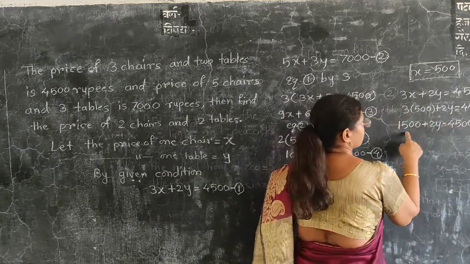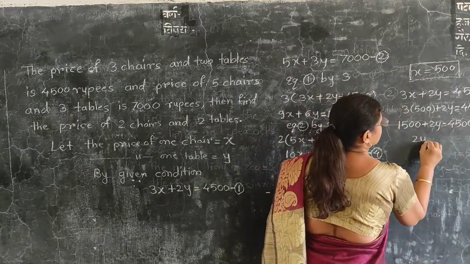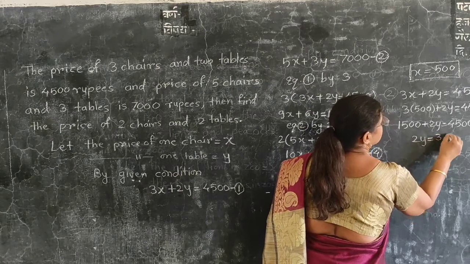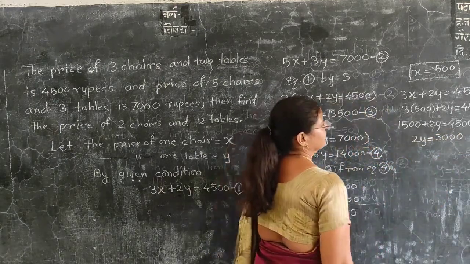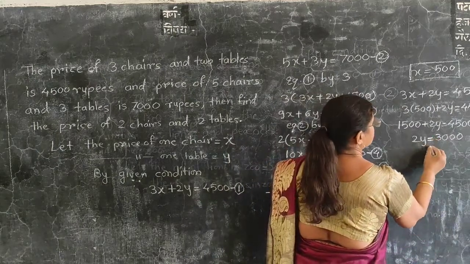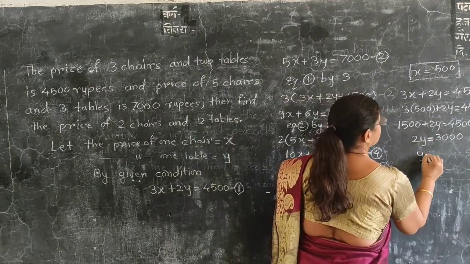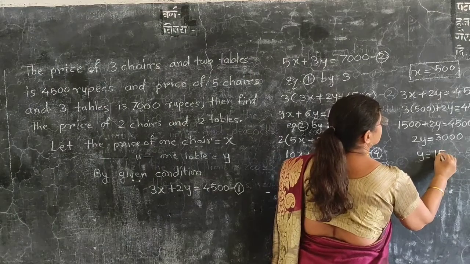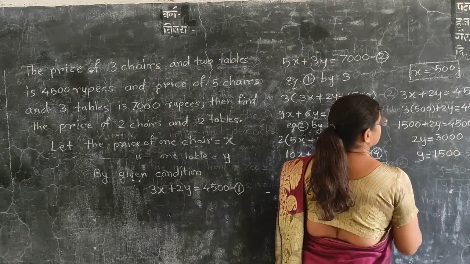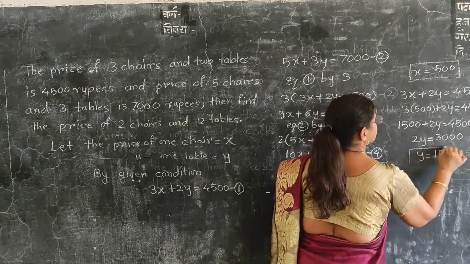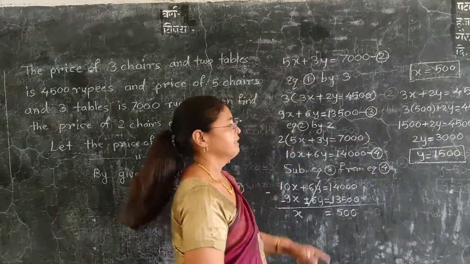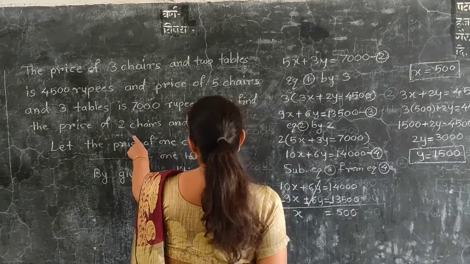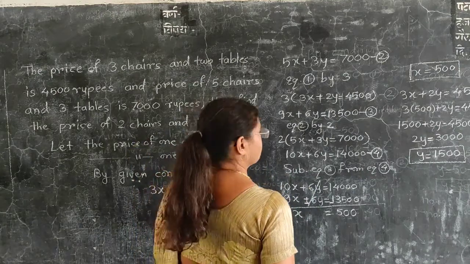Subtracting 1,500 from both sides, we get 2y equals 3,000, and dividing both sides by 2, we get y equals 1,500. So the value of a table is 1,500.